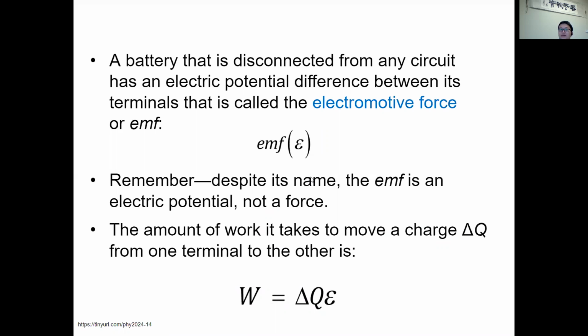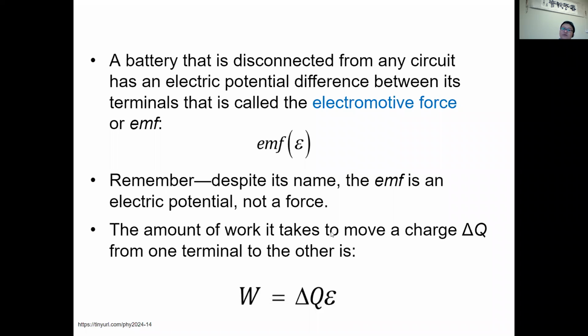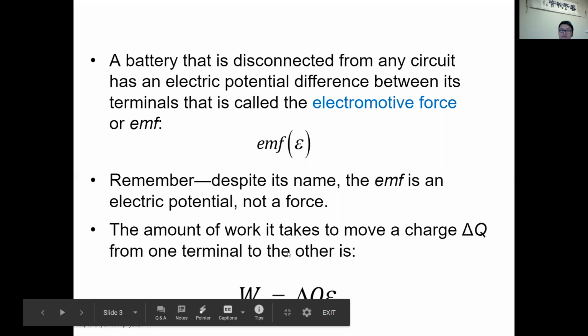The amount of work it takes for a charge delta Q to move from one terminal to the other is equal to the charge times the voltage. The voltage is epsilon here, so work equals delta Q times epsilon, or delta Q times V. Epsilon is the same as V.